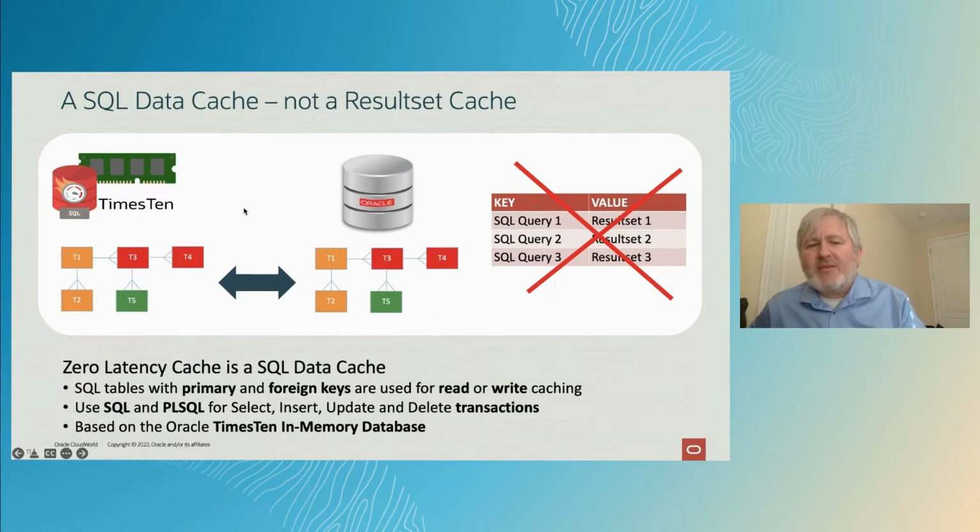What I'm talking about with a SQL data cache is where you have the same tables, same table names, the same column names, the same data types, and the same data between your Oracle database and your cache. So if you've got the same tables and the same data, you don't have to completely rewrite your application like you need to do with a result set cache.